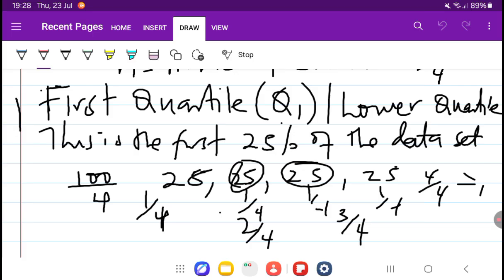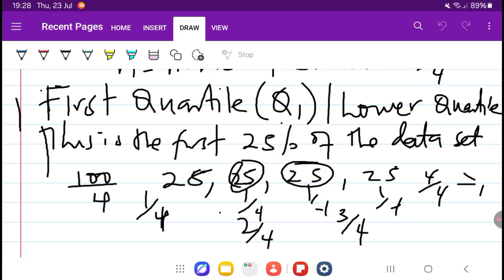So, since this is a positional item, the data that we are going to get is just going to help us locate the values. But of course, if we are dealing with an ungrouped data set, we know that it is very easy.